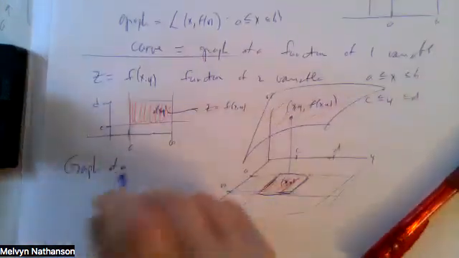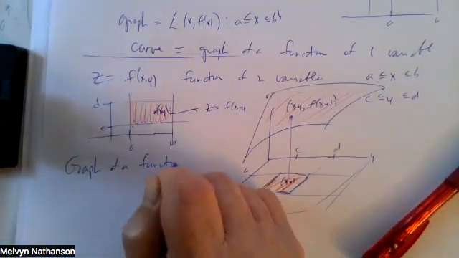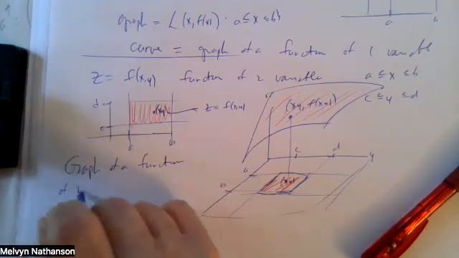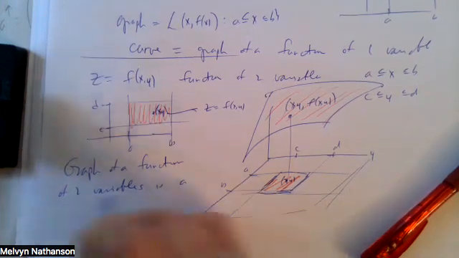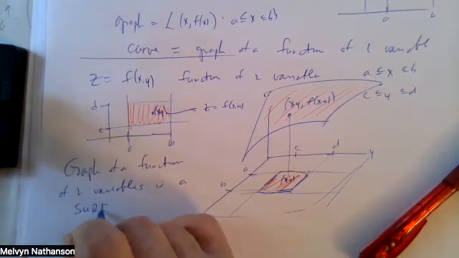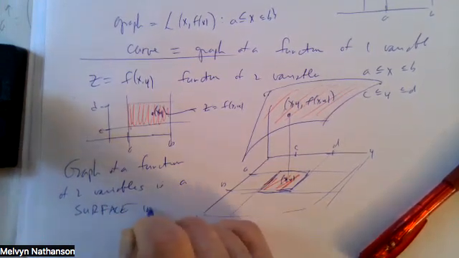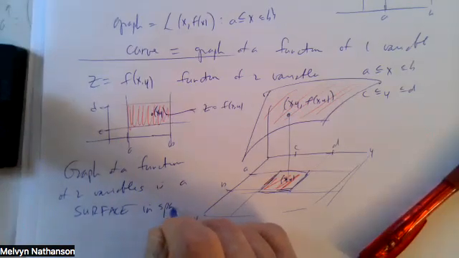And the graph of a function of two variables is a surface in three-dimensional space.